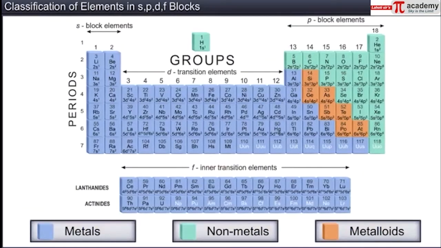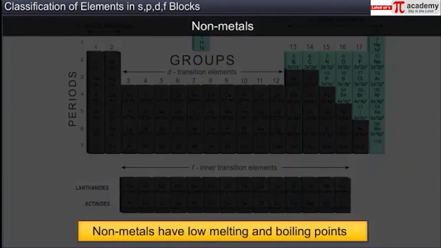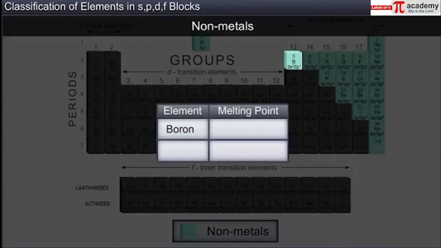These properties are in direct contrast to those exhibited by the nonmetals that are placed on the top right side of the periodic table. Nonmetals are usually solids or gases at room temperature with low melting and boiling points. Exceptions are boron and carbon, which have high melting points of 2300 and 3930 degrees Celsius respectively.